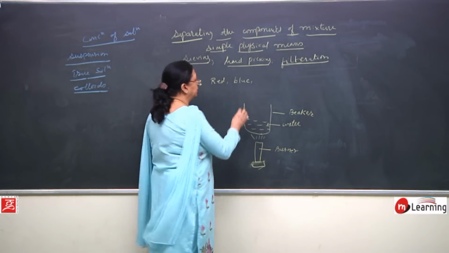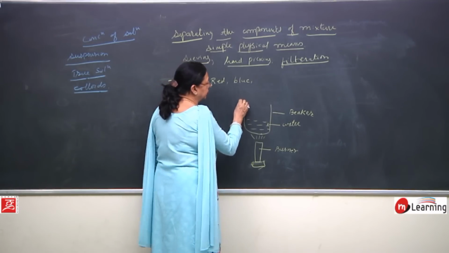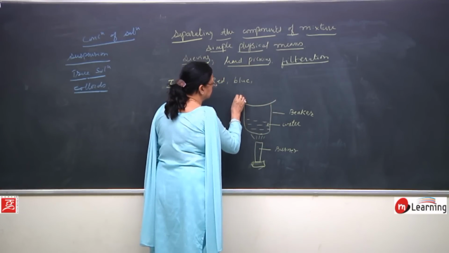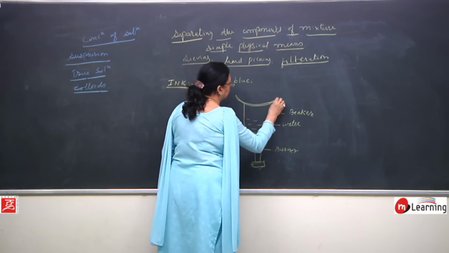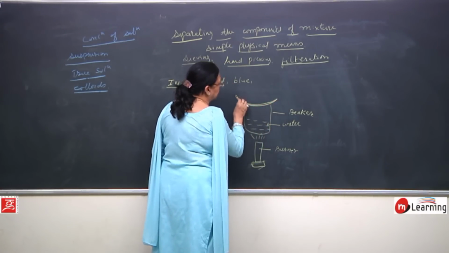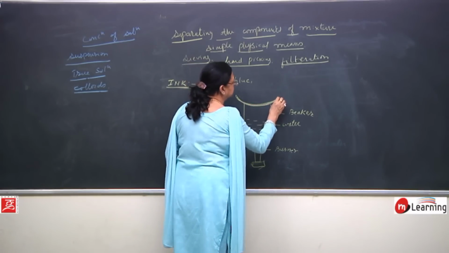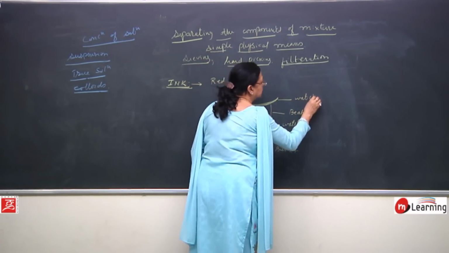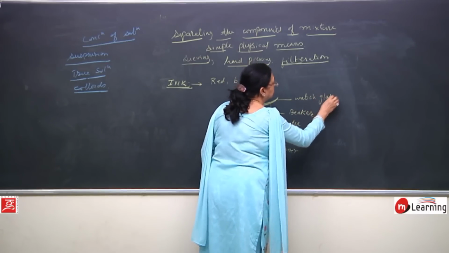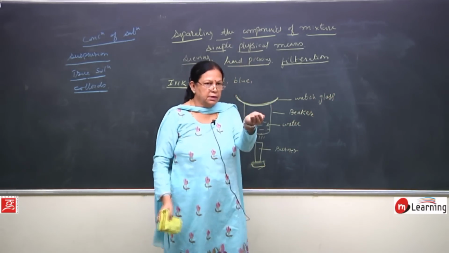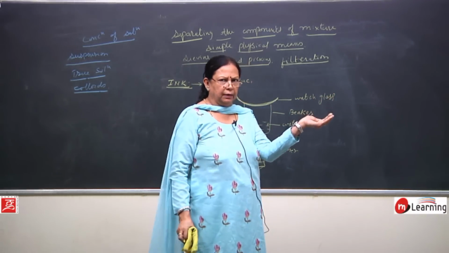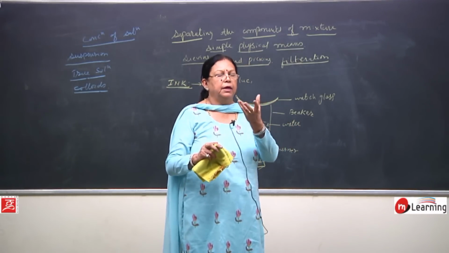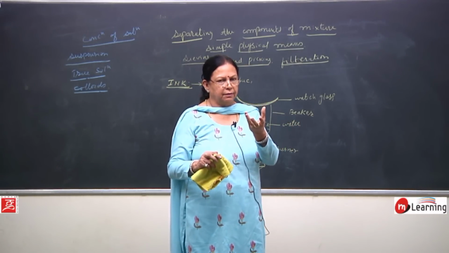It is heated, and on this beaker you keep a watch glass. This is a watch glass. It is small, conical, a round, curved shape. It is made up of glass, right?